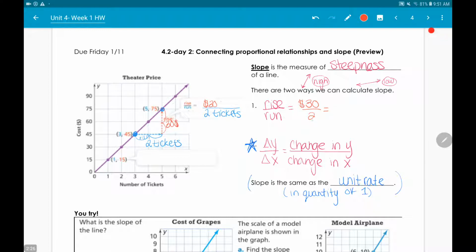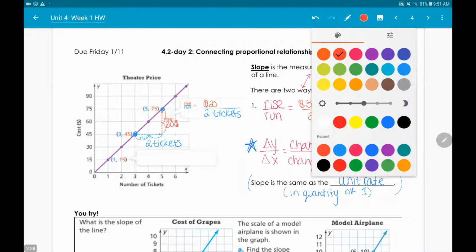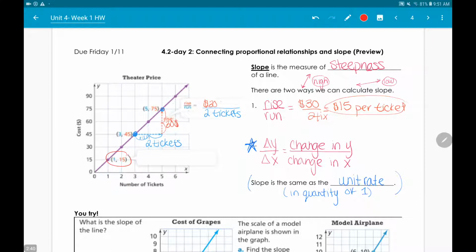And that gets us $15 per ticket. Now that is the same as the unit rate because it is in the quantity of 1. So if I look at this first point, 1, 15, that is the unit rate. For 1 ticket, it costs $15, and I can read that right off the graph.